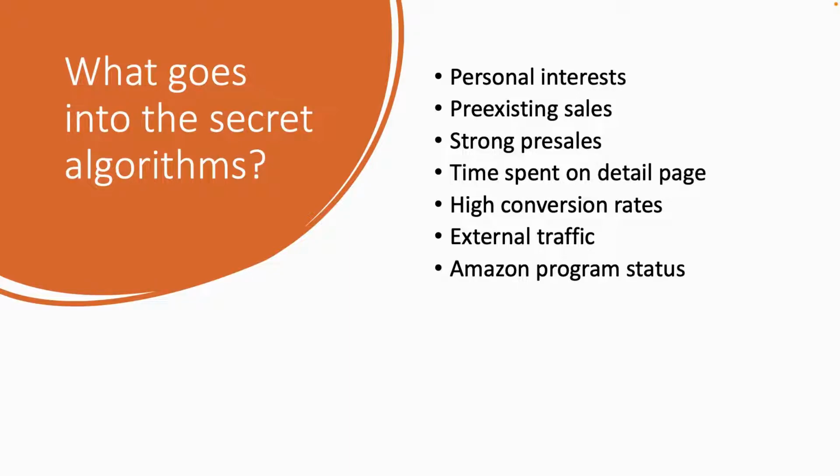This means if you have a website or a social media campaign or an advertising campaign outside of Amazon and it's sending people to your Amazon detail page, Amazon pays attention to that and they will surface those books higher, as well as Amazon program status. What I'm talking about here is if you belong to certain Amazon programs or you don't belong to certain Amazon programs or you have a problem with a certain Amazon program, that will impact where your book shows up in search results as well as in advertising.